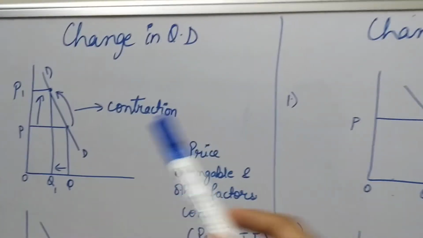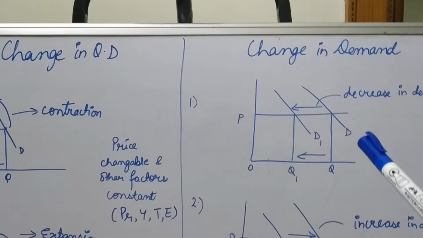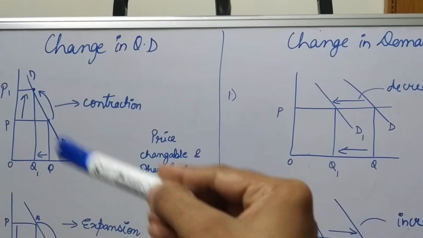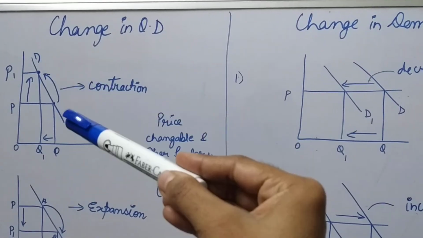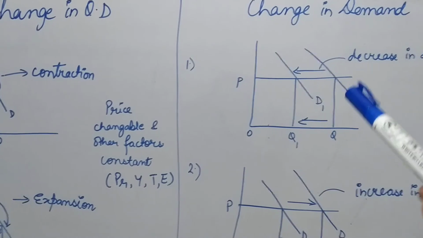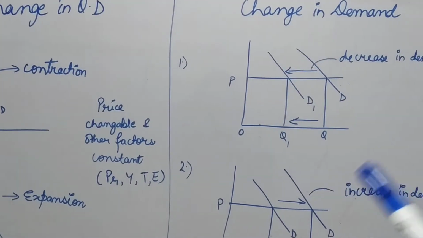See, here in the earlier case there is one demand curve, and there is a movement along the same demand curve, from A to B, B to A. But here you can see the whole demand curve shifts. This is the second difference.